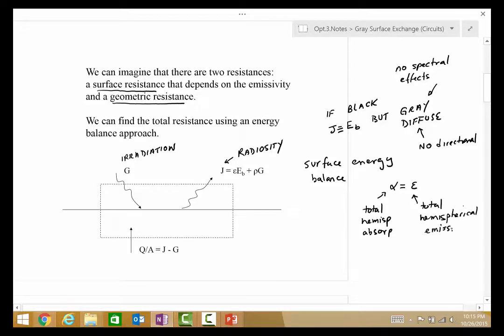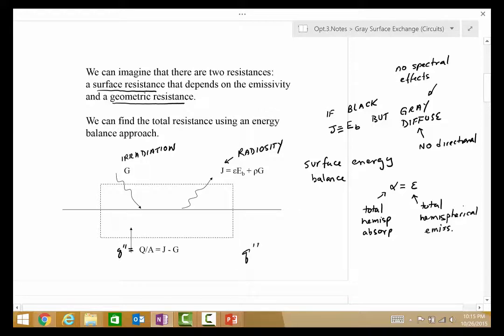So you can see by the surface energy balance that we're showing here, in is equal to out. So this Q over A is just the heat flux that's applied to maintain the temperatures and to maintain the system at equilibrium. So in is equal to out.